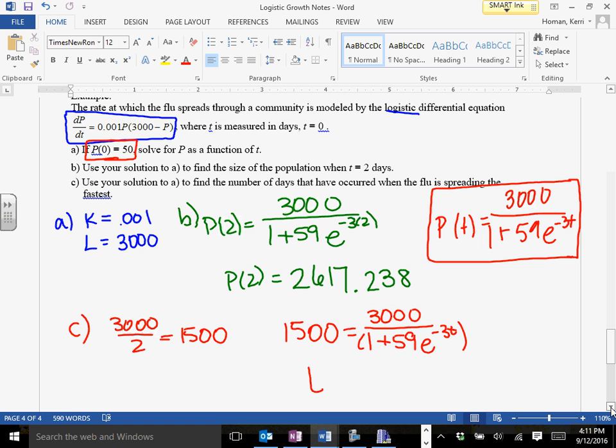You should get a t-value of 1.359, and that stands for days. So not even a day and a half, and it's spreading the fastest. This is a very quick spreading flu.